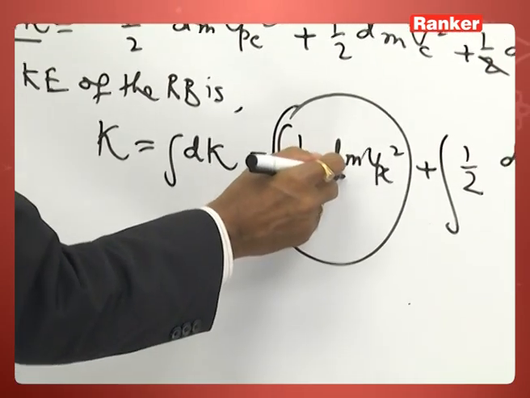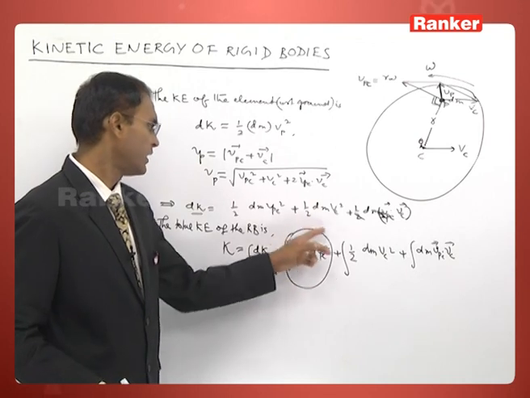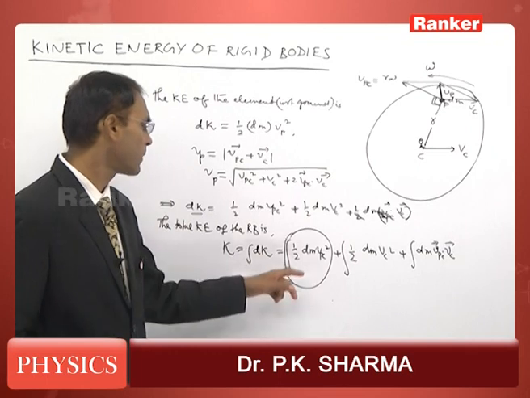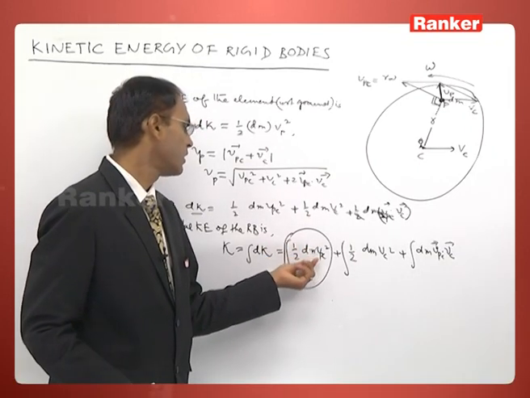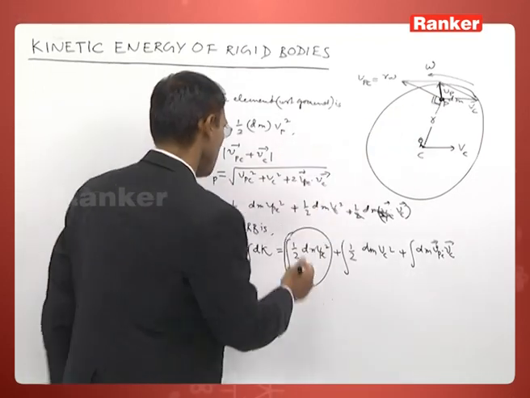The first term is the kinetic energy of the entire body with respect to the center of mass frame, because it is half into the mass of the element into the square of the velocity of that element with respect to the center of mass frame, integrated.